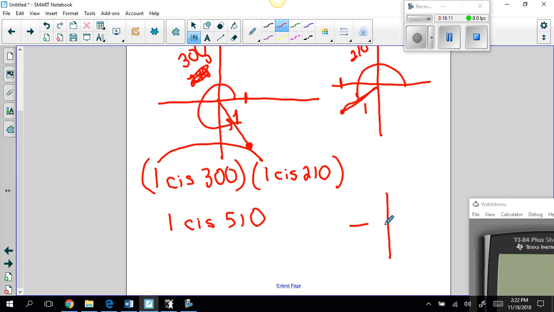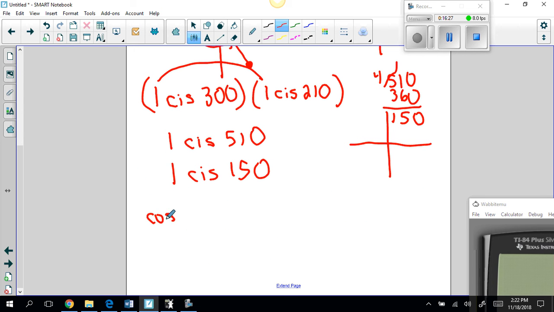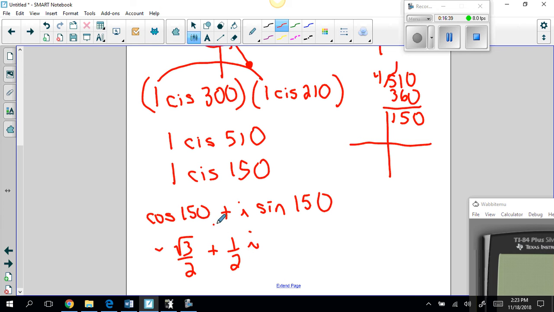Well, what's 510 minus 360? 150, which is 1 CIS 150, which is cosine 150 plus i sine 150, which is minus the square root of 3 over 2 plus 1/2 i. You got to understand it's kind of dumb, but at the same time, you know, it is kind of cool.